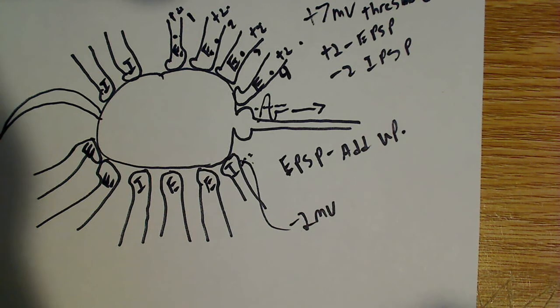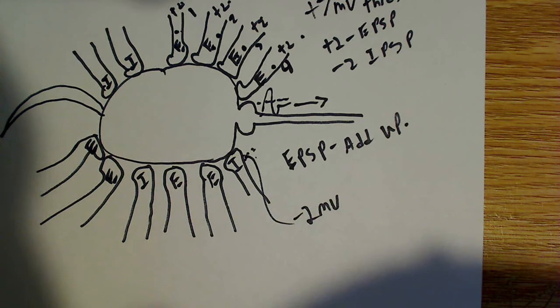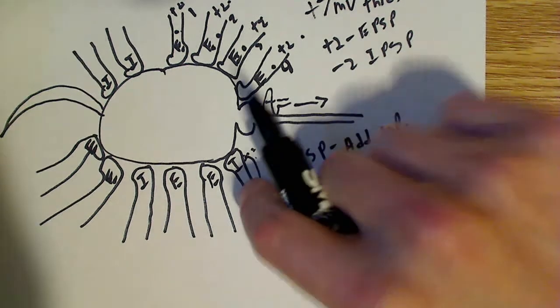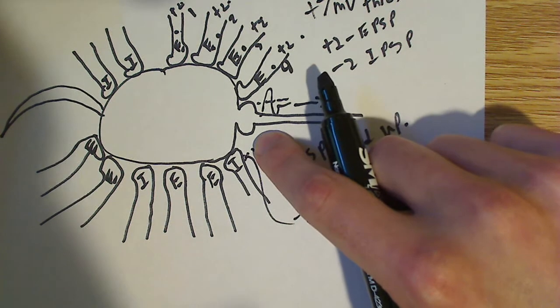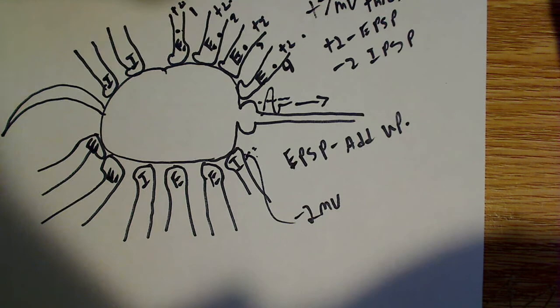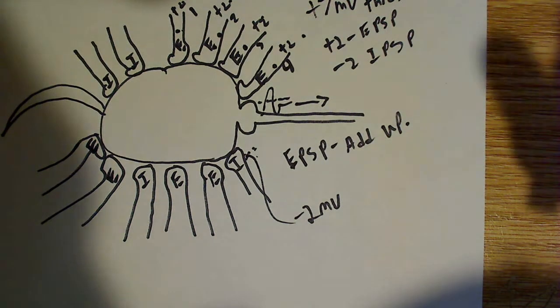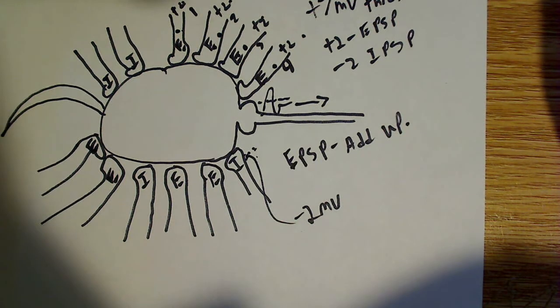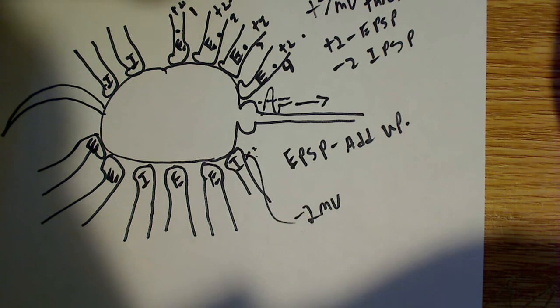The only way I'm going to prevent this from reaching threshold is to essentially not allow it to get there to begin with. So this would have to fire first. Okay, and it's close enough to the axon hillock to directly affect it. And that's the whole point. So as long as it fires slightly ahead, it would be able to prevent the action potential. It would be able to block the effects of the excitatory postsynaptic potentials.